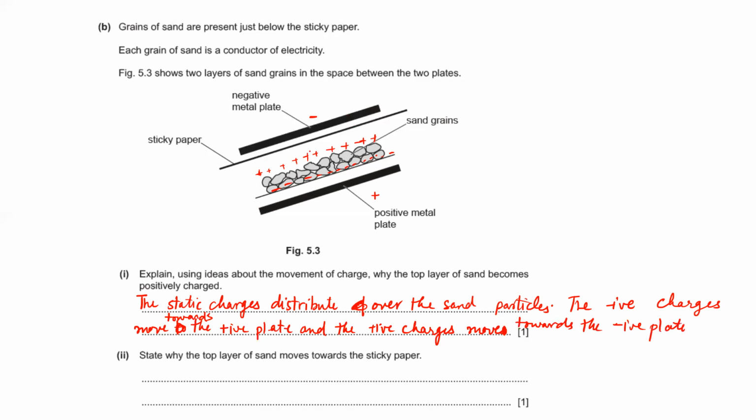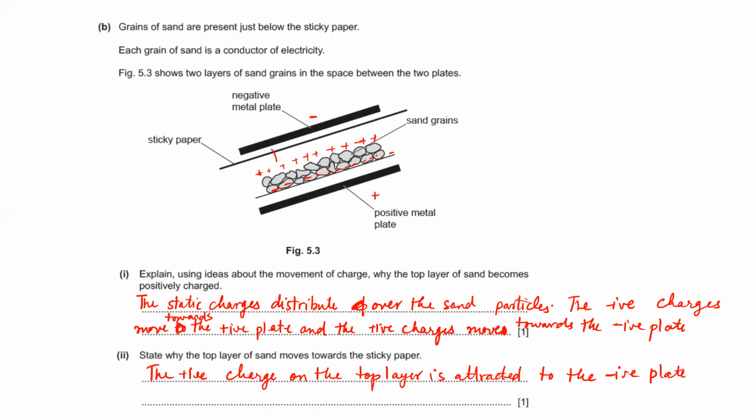That is how the static charges are distributed in this fashion. Again, the question says to state why the top layer of sand moves towards the sticky paper. The positive charge on the top layer is attracted to the negative plate.